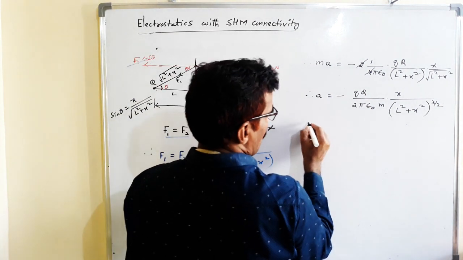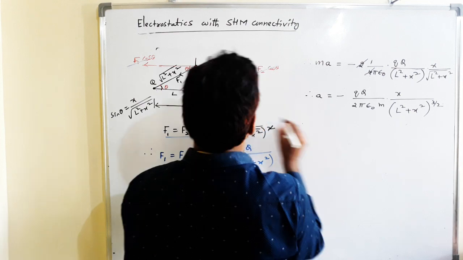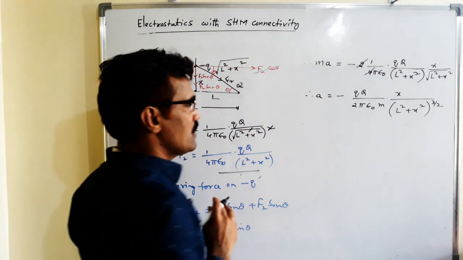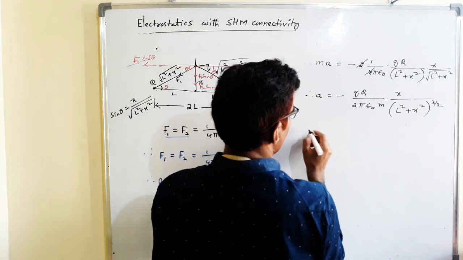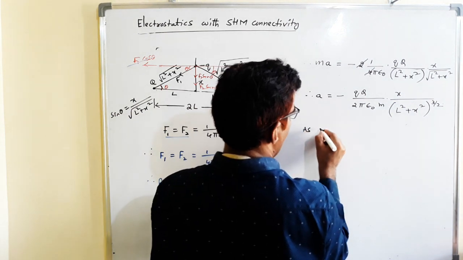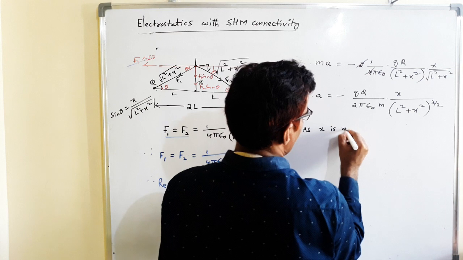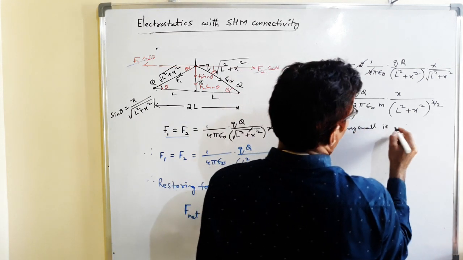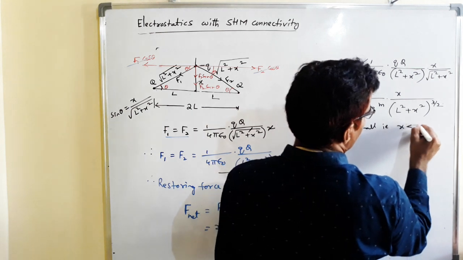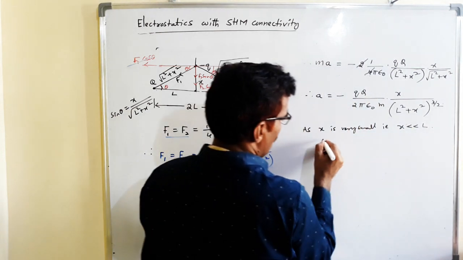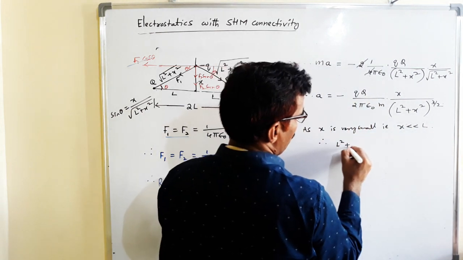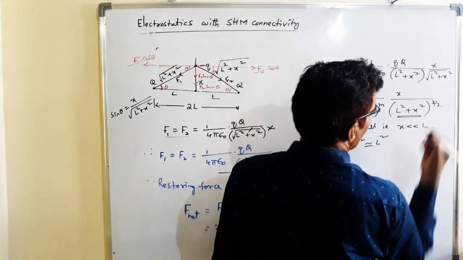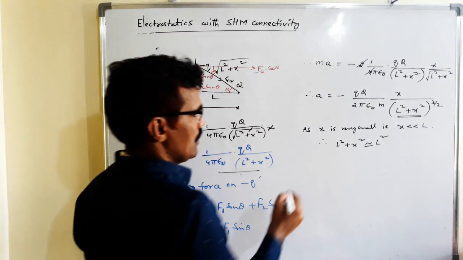Now the assumption: if it is displaced slightly, that means X is very small, that means X is less than L. Therefore here L square plus X square becomes L square. Instead of this one you should write L square.